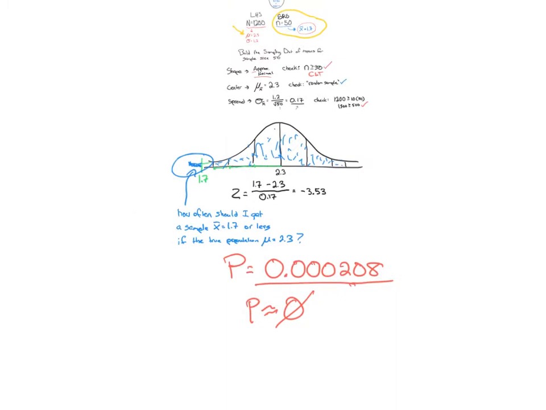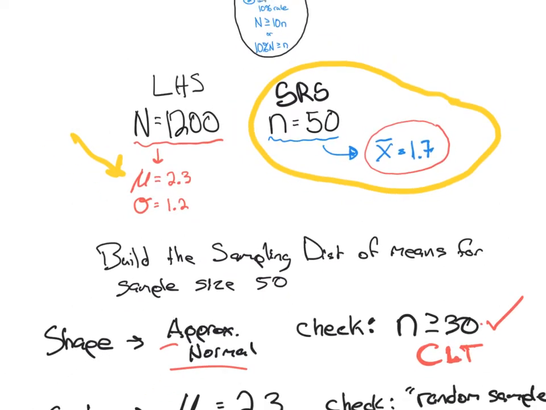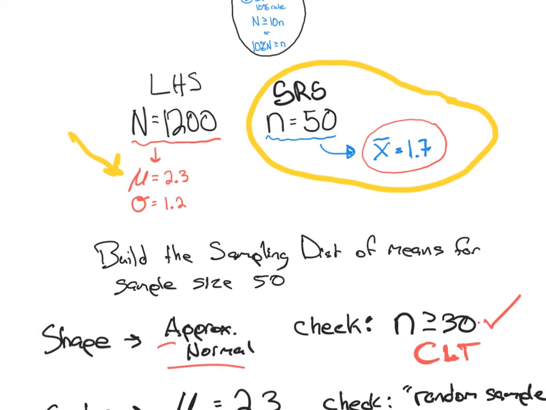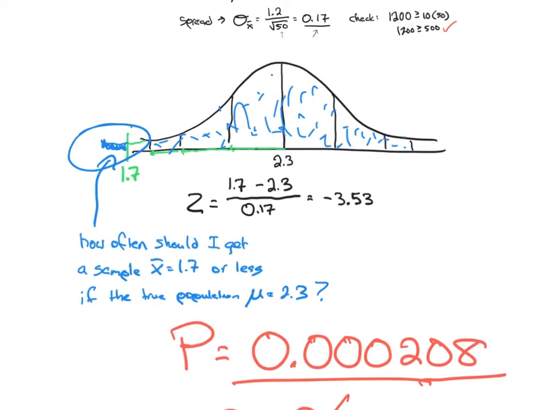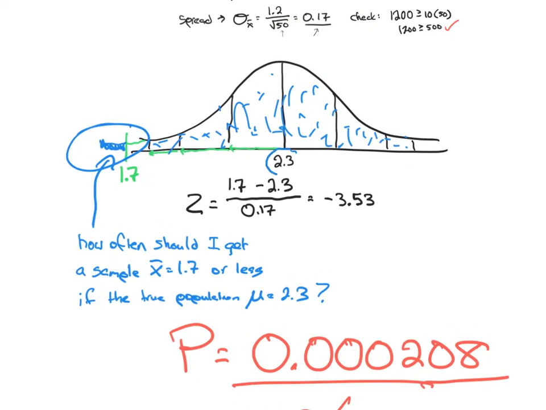So going back up to the original question, do you think that this is truly the average number of pets that Lake Ridge High School students own if I ended up with this sample here? It's all based on this theory that if 2.3 is the true population mean, this graph would happen because all the criteria checked out.